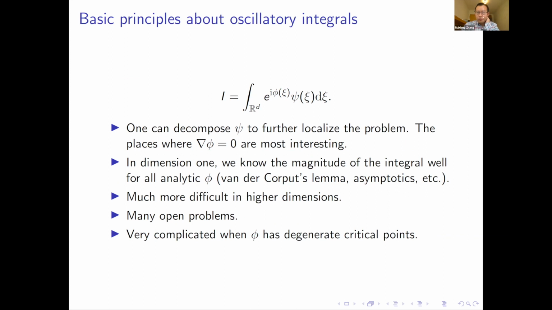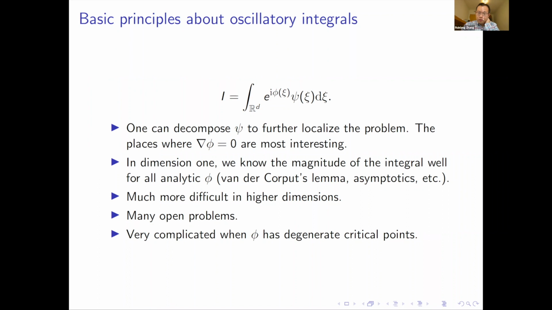Some basic principles about this kind of integrals are described in Elias Stein's book. First, you can do a partition of unity on psi to decompose this integral finer. And if you want to have a good upper bound on this integral, you can localize the problem around one interesting point.